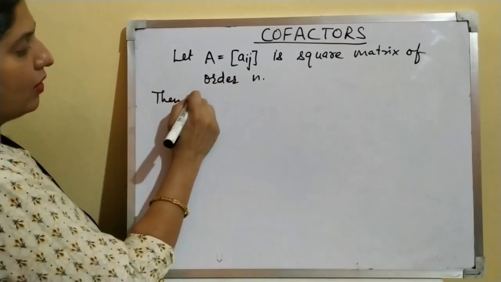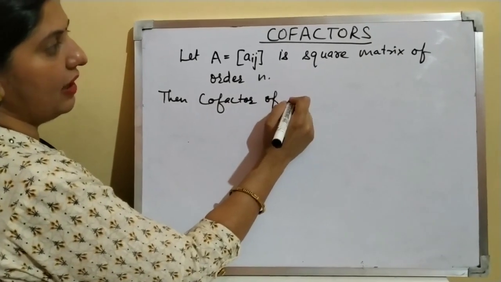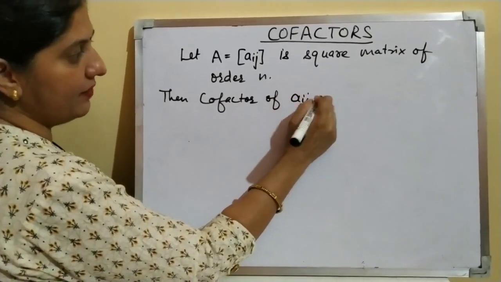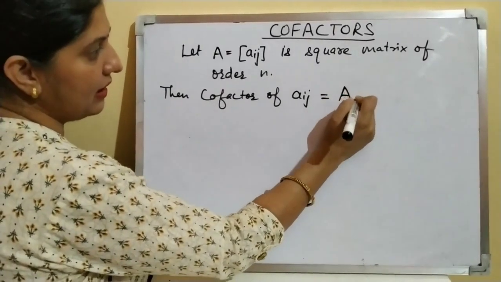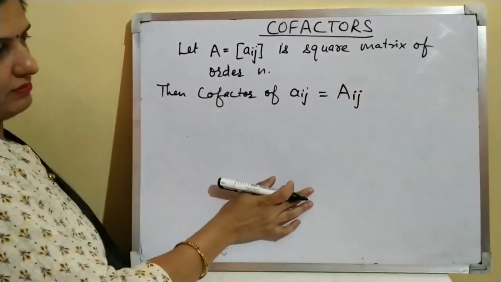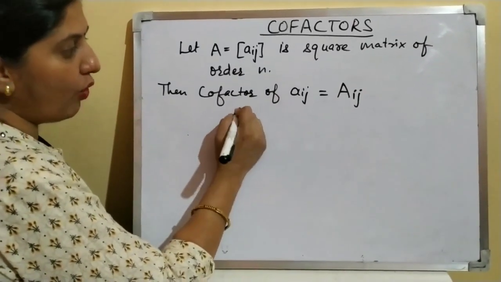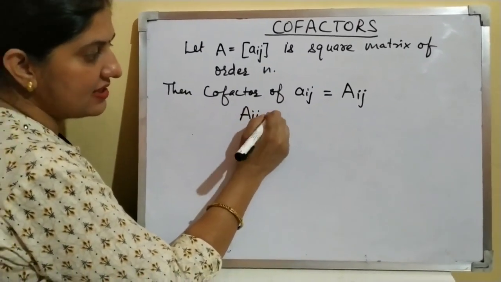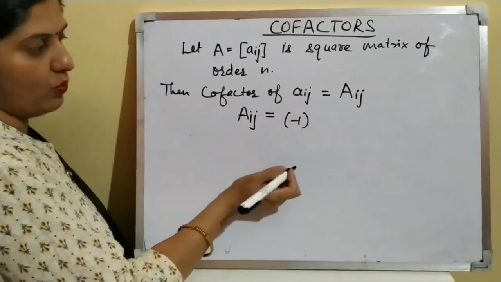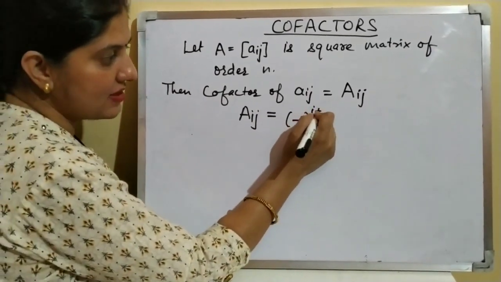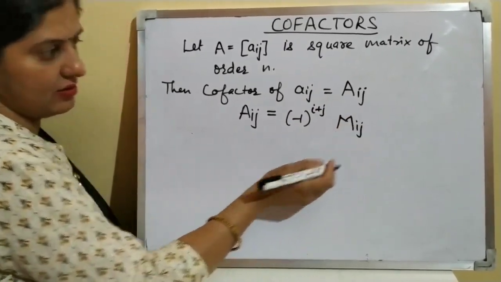Then cofactor of an element Aij is denoted by capital Aij, and cofactor of Aij is equal to -1 to the power i plus j into Mij.